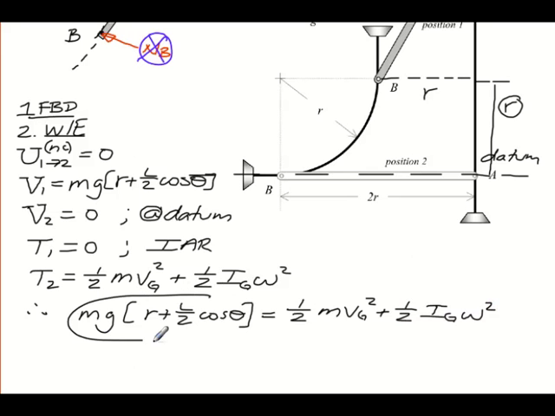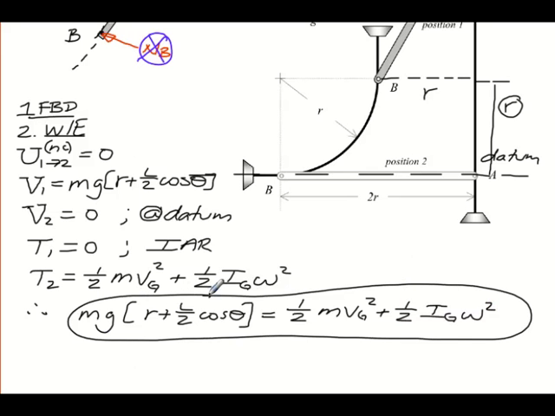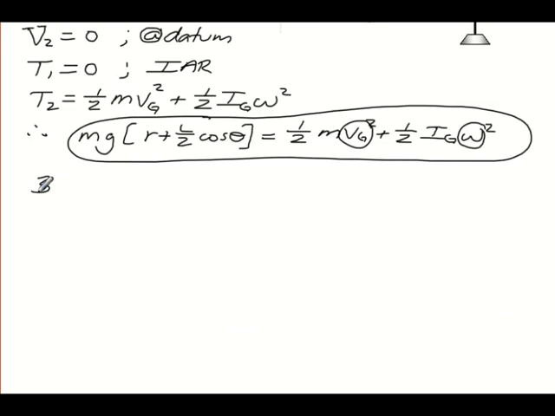So that's our work energy equation. As usual, we have more unknowns than we have equations. We have 2 unknowns in 1 equation. So we'll use kinematics to get those relationships that we need.